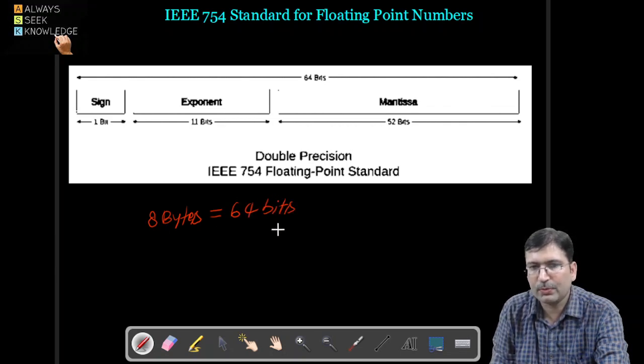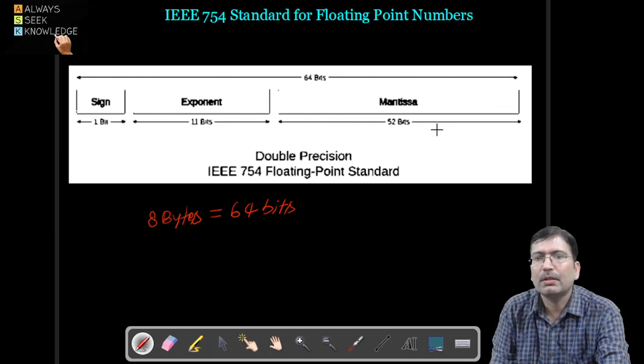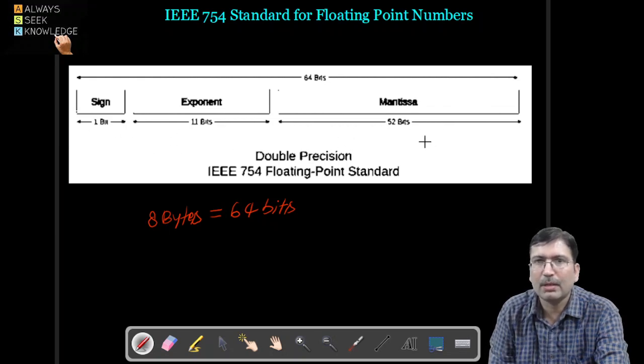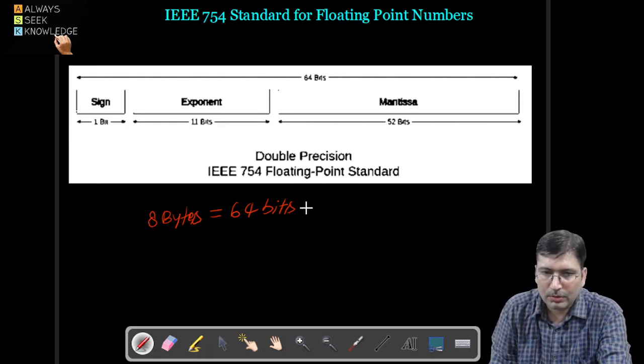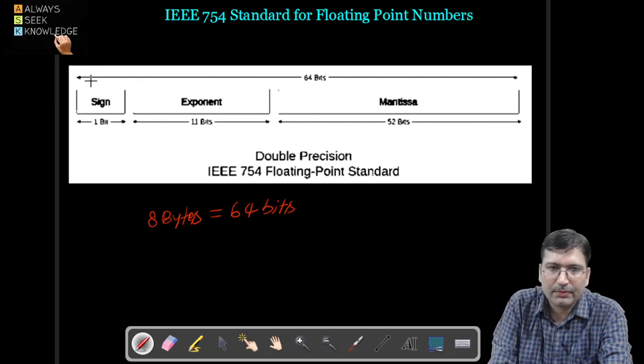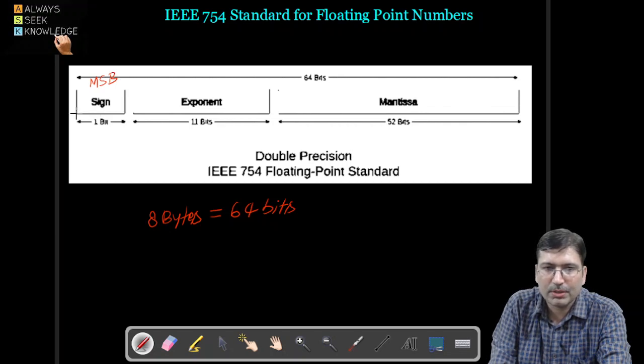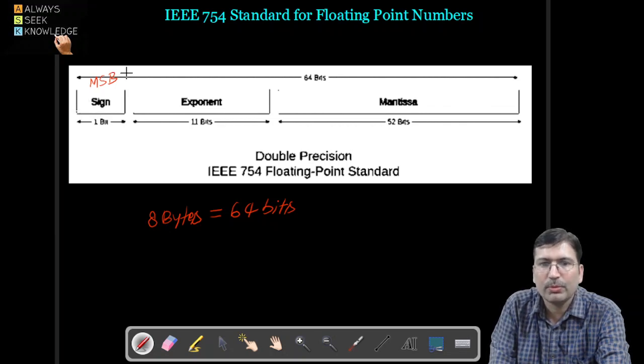In total, 64 bits, we will store the floating point number in double precision. Out of the 64, the very first bit, the most significant bit, will be treated as the sign bit.